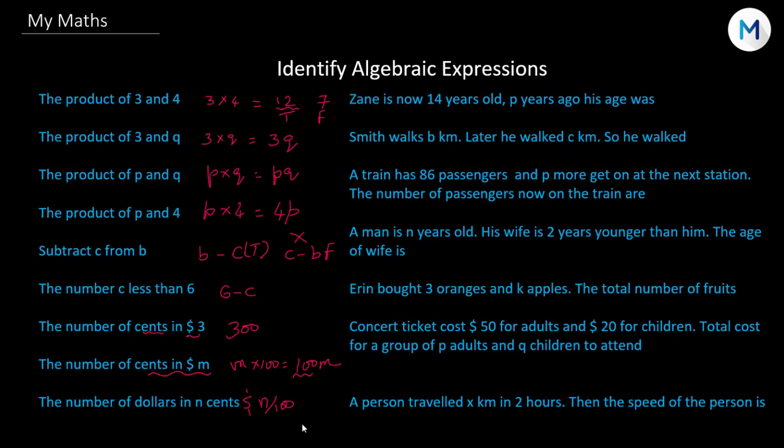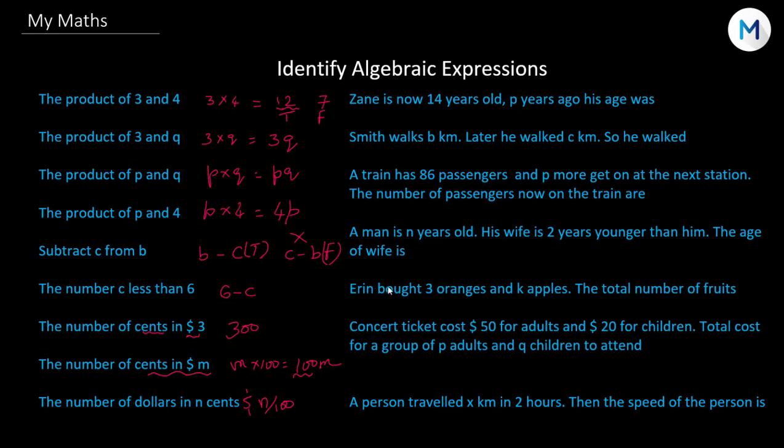It is not N times 100, because 100 cents is $1. So N cents will be N by 100 dollars. We have to know the conversion of these things, and then only can we simplify and write them as algebraic expressions.